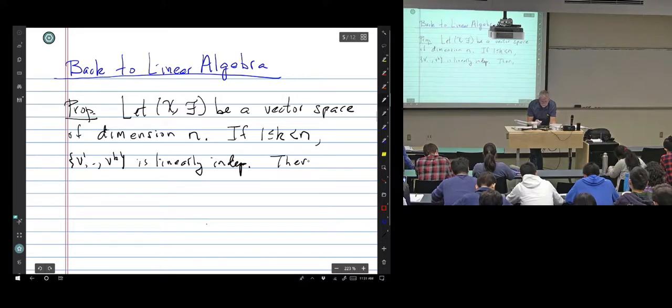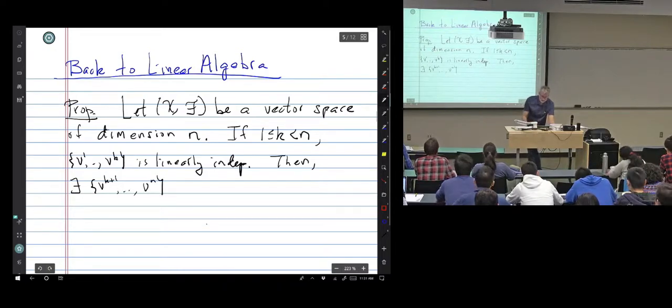Then I can always find n minus k vectors that are linearly independent.